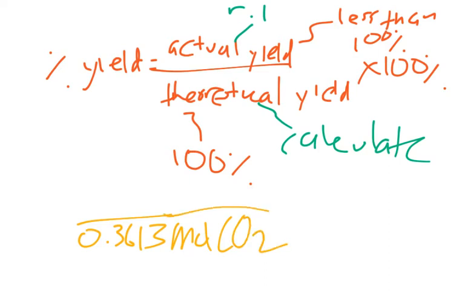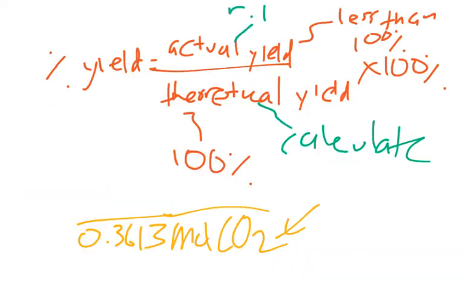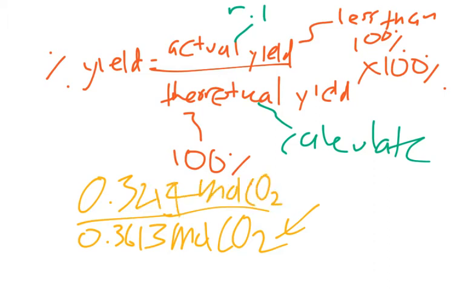And remember, this is assuming that this reaction was 100% complete and that all of the limiting reactant, in our case oxygen, was consumed. Now, in reality, let's just say that they measured the CO2 and they measured that we only had 0.3214 moles of carbon dioxide, so they wanted to know what was our percent yield.